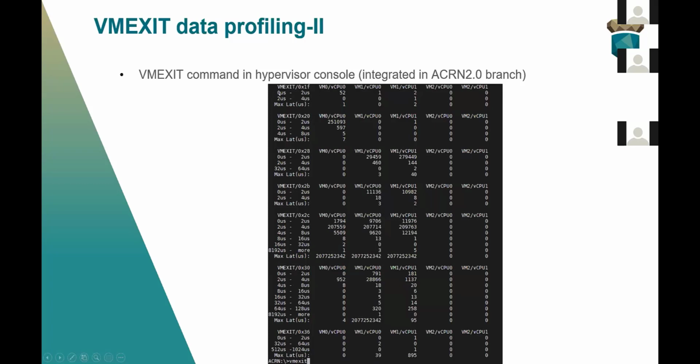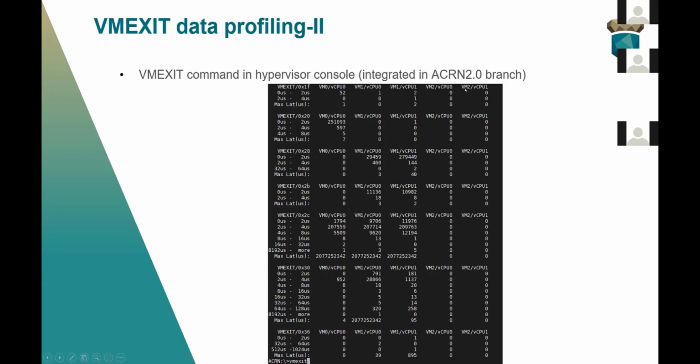This is the duration, from 0 microseconds to 2 microseconds, and 2 to 4, and so on. The number is how many VM exits happen in that duration. VM1 is for Windows, so we don't need to care about it. VM2 is for the RTVM, so we need to pay attention to it.